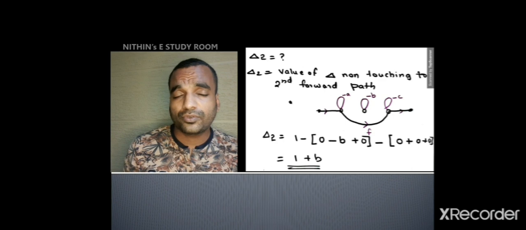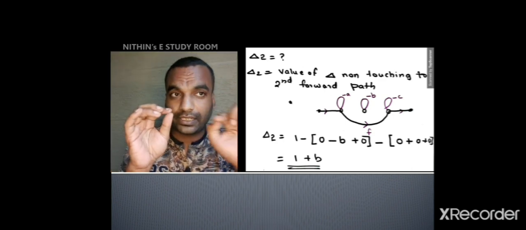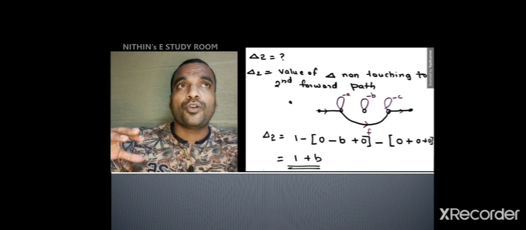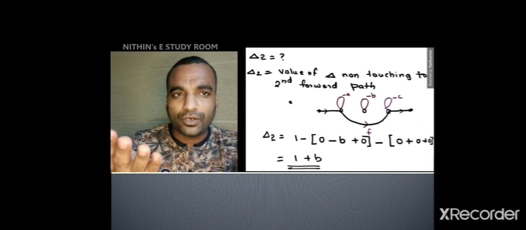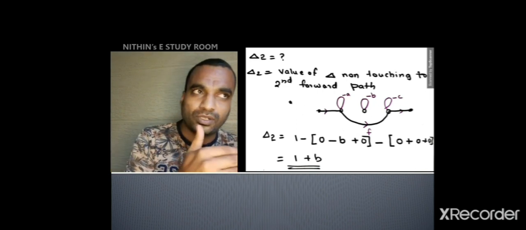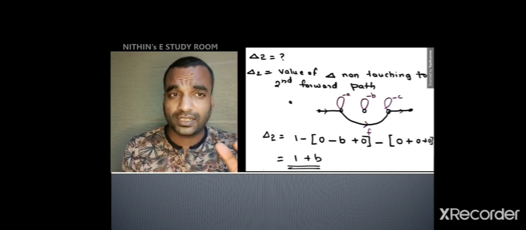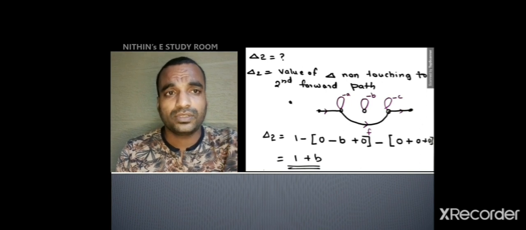For that you have to first visualize the particular second forward path, and similarly you have to visualize all the loops, and in mind you have to check whether loop L1 is touching on the forward path, or whether L2 is touching on that second forward path, or L3 is touching on the second forward path. So now the drawing is given here.